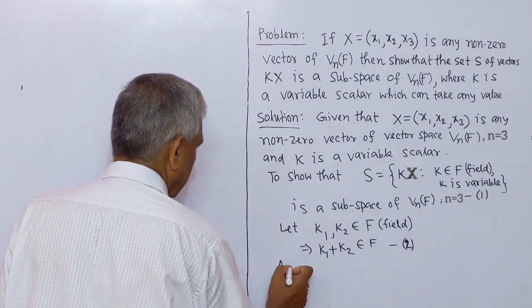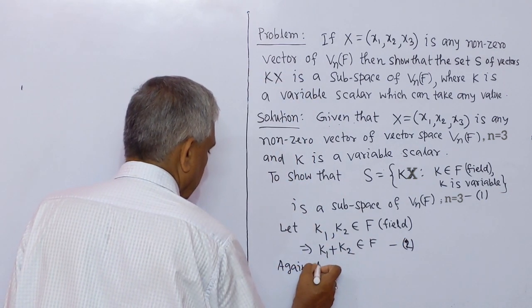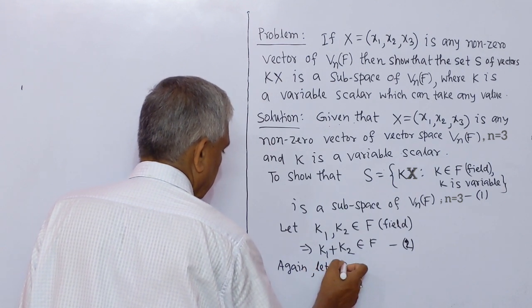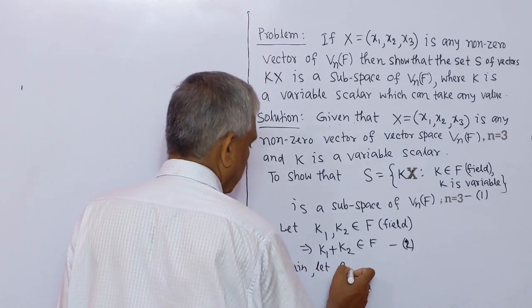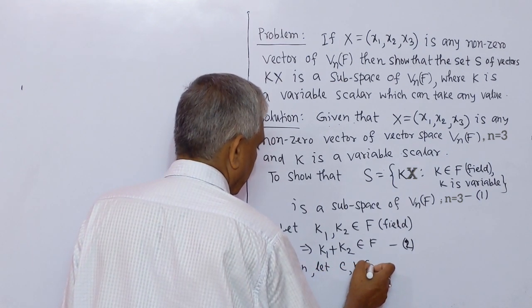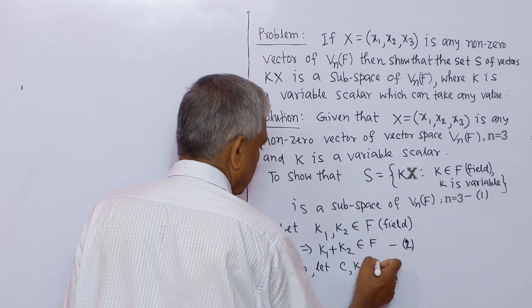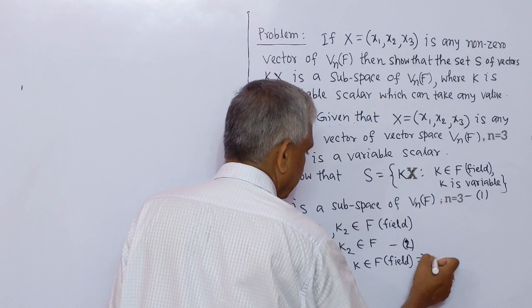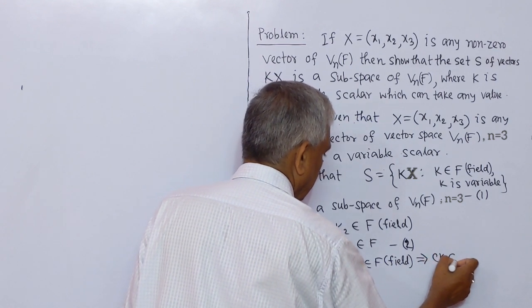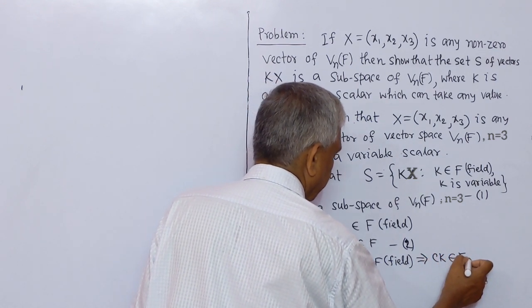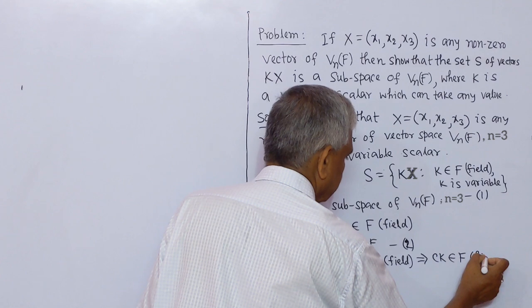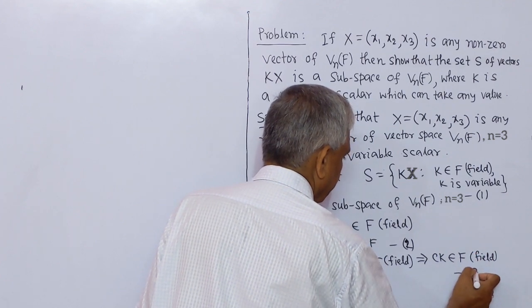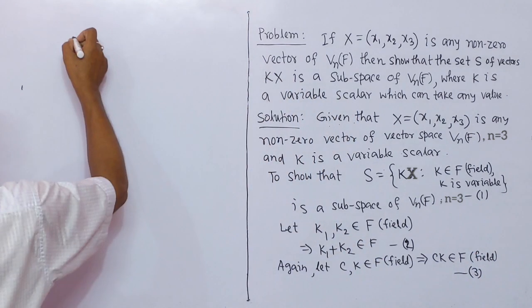Again, let C and K belongs to F field. Implies that CK belongs to F field. This is number 3.